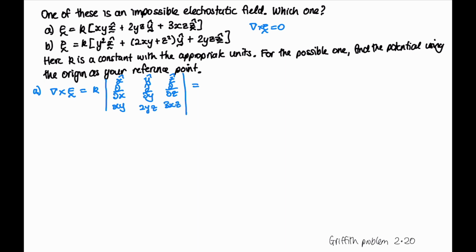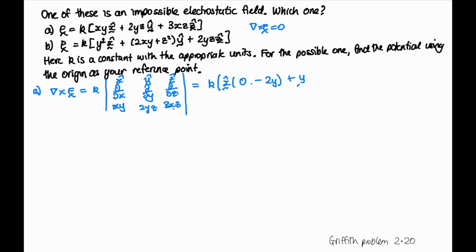So finding the determinant of this, we've got k out the front, and now in the x direction, we've got d/dy of 3xz, so that's 0, minus d/dz of 2yz, and so that is equal to 2y.